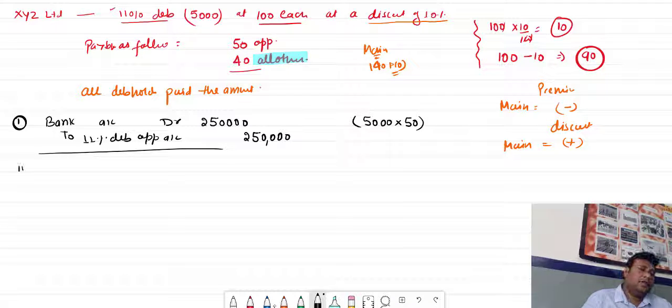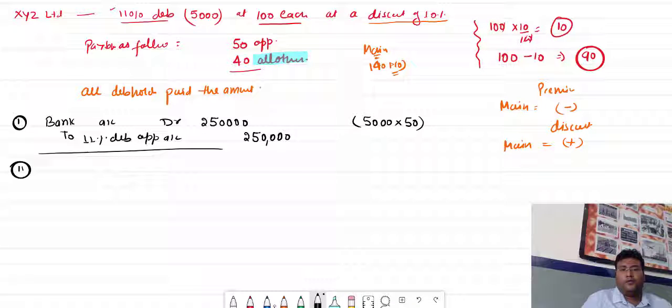Now the second one is that we have to close this 11% debenture application and transfer the money to debenture. So for closing, as we know, we have to pass the opposite entry, bacha.